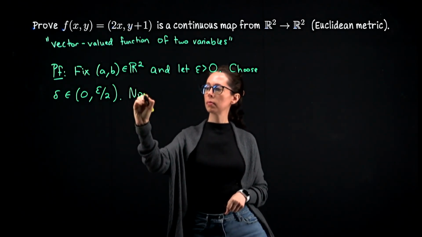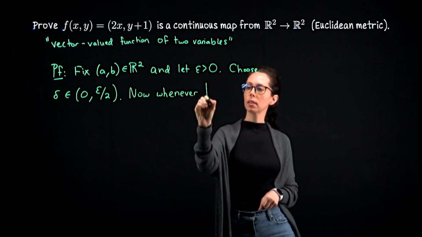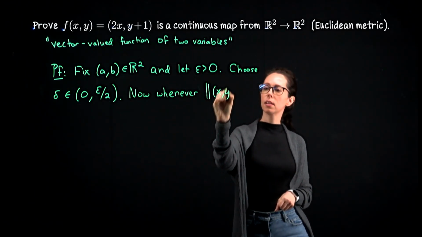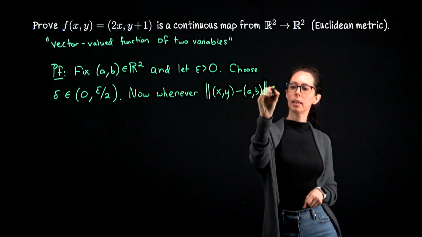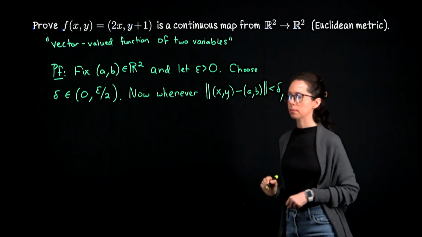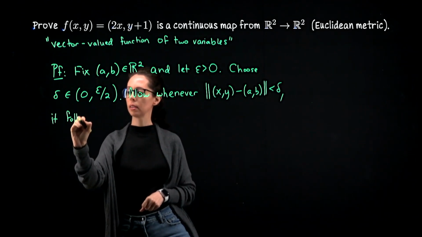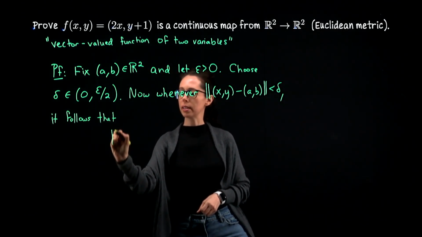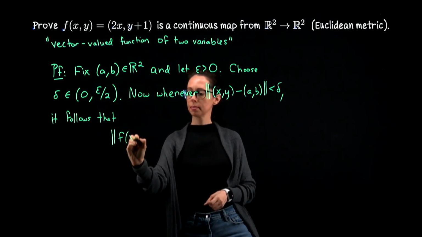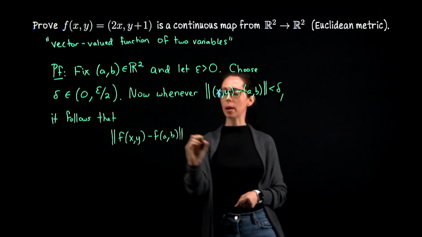Now, whenever the Euclidean distance from xy to AB is less than delta, it follows that the Euclidean distance between their outputs, and this is going to look exactly like my scrap computation.